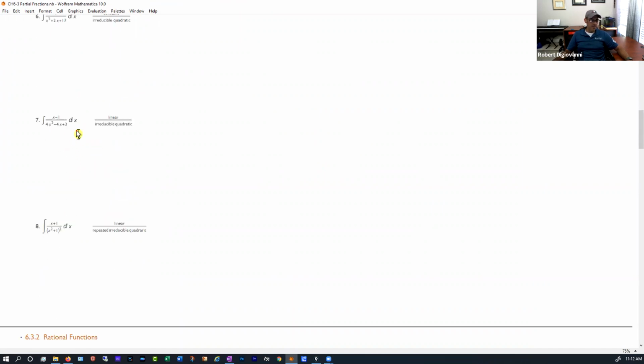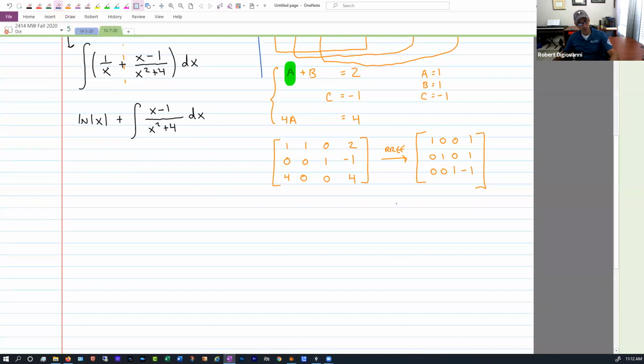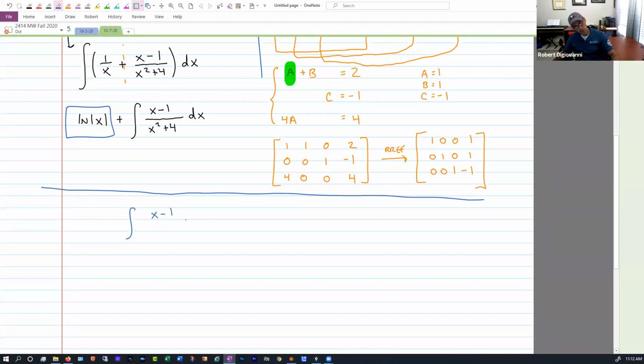And number 7 and number 8 were both linears over irreducible quadratics. And so we had a procedure for this. The way that I went about it, I'm going to just do this problem over here on its own. And I'll just remember that natural log of x is going to be part of my answer. So integral x minus 1 over x squared plus 4.